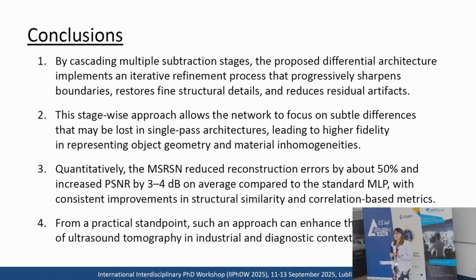This stage-wise approach allows focusing on small substantial differences that may be lost when we use only one single differential block. Because of that, we can get higher fidelity in representing objects.